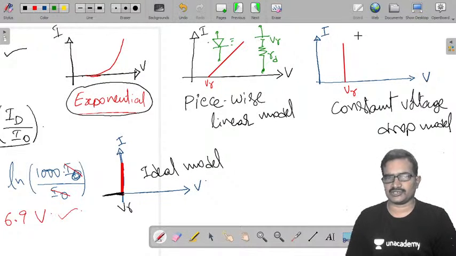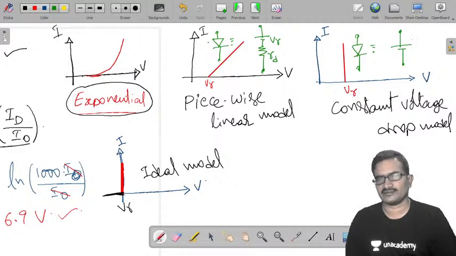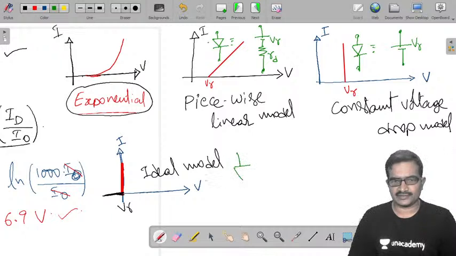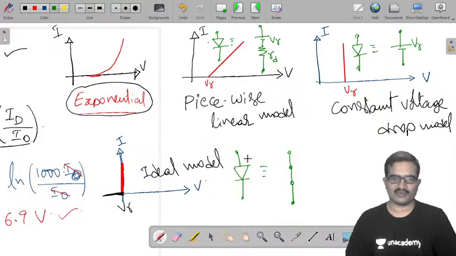In the constant voltage drop model, once you have a diode in forward bias, the equivalent circuit you can take is just V gamma. In the ideal diode, when your diode is in forward bias, you can take it simply as a short circuit. That's it. This is the way of modeling the diode, with different models.